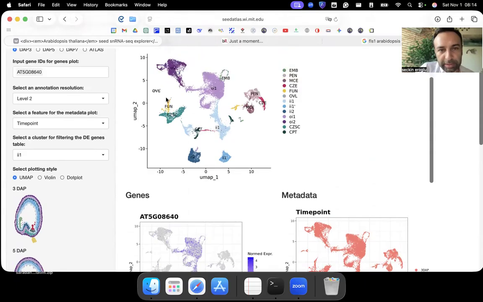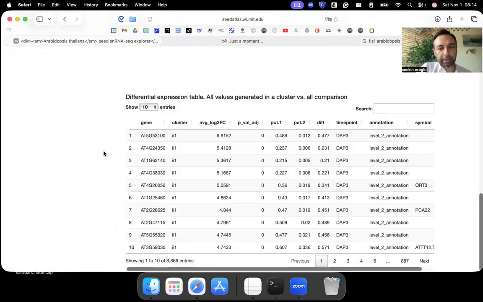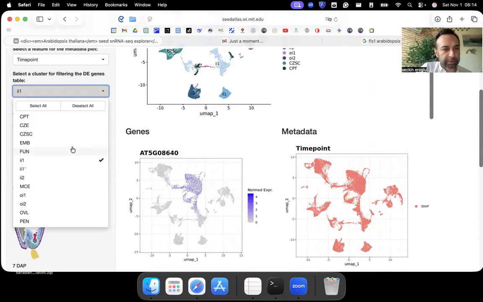If it was expressed in embryo, you should see a lot of blue dots here. You see very little. Okay, and then I think now you can examine the differentially expressed genes, if I'm not mistaken.